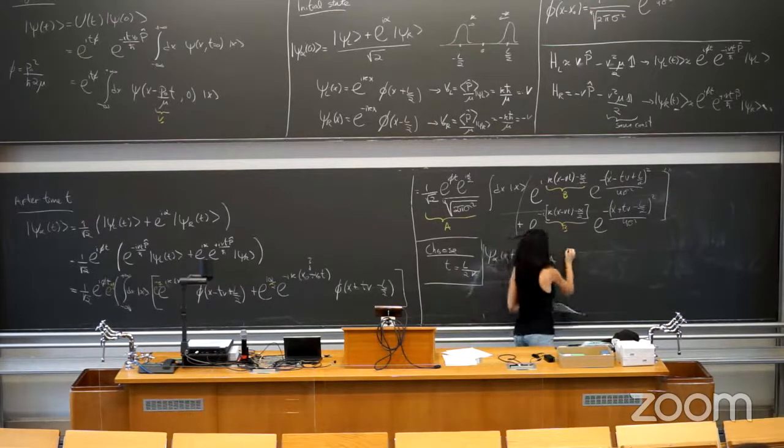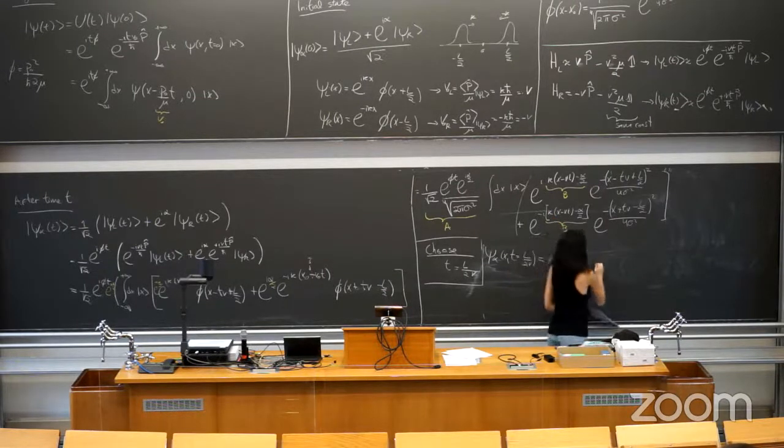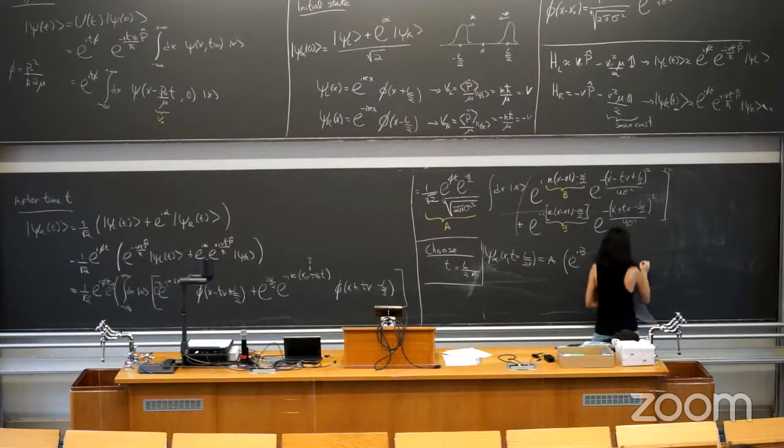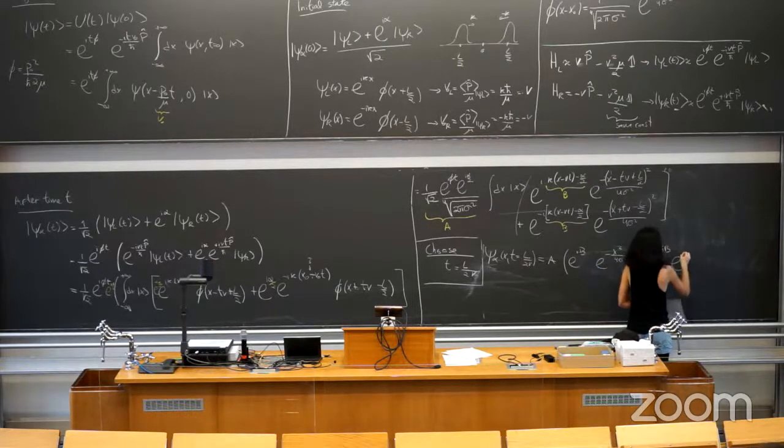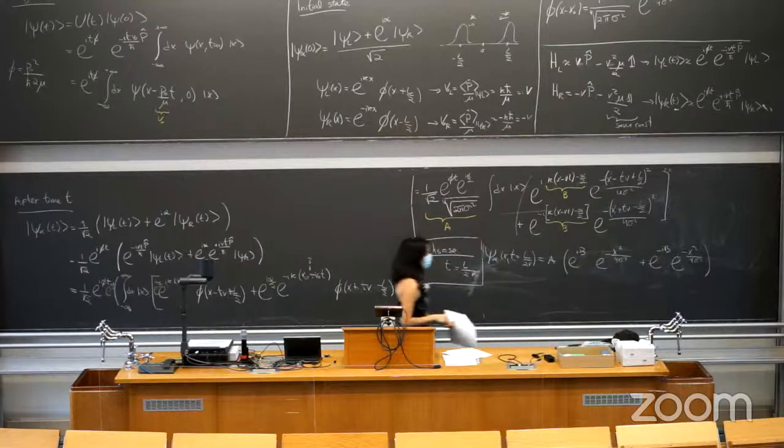So e to the iB times e to the minus x squared over 4 sigma squared, plus e to the minus iB times e to the minus x squared over 4 sigma squared. Okay, good. So now this is starting to look more treatable.